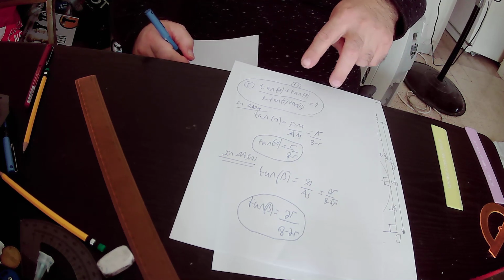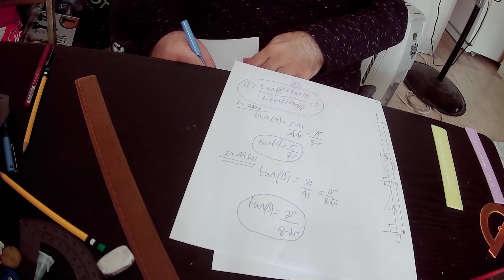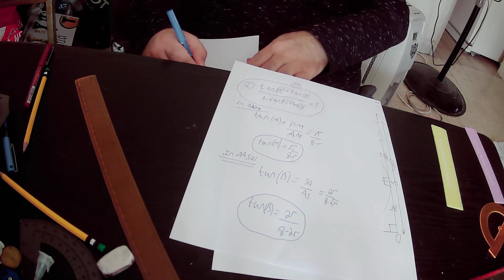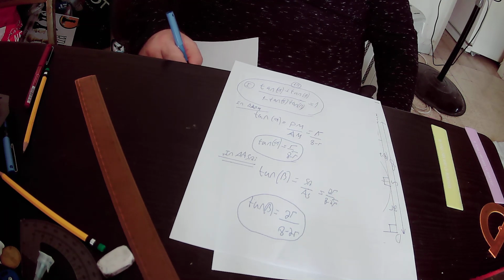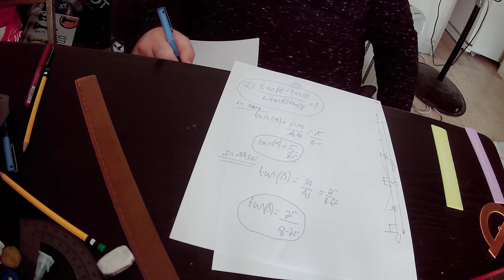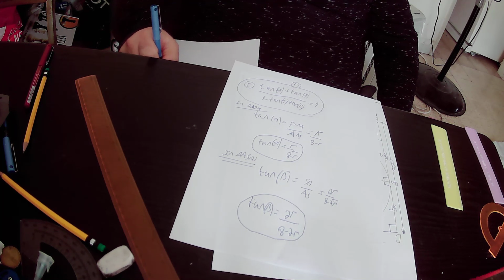And we will divide all by 1 minus tangent alpha times tangent beta. Tangent alpha is R over 8 minus R, and tangent beta is 2R over 8 minus 2R. All equals 1.